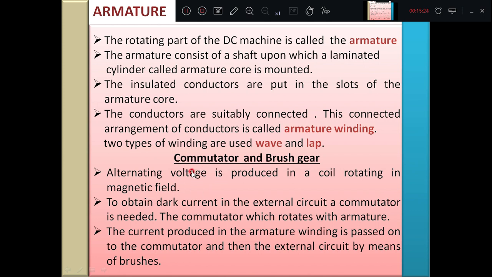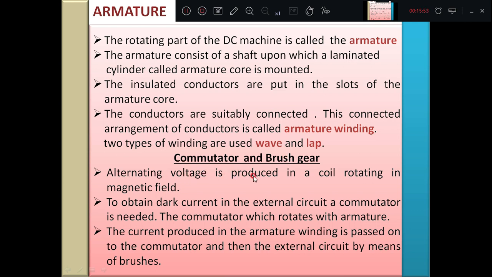The third important part of a DC machine is the commutator. The induced voltage in the armature is AC, but what we require from the machine is DC. You get the DC output by the process of commutation through a small part of the DC machine called the commutator, and through the brushes you get the electricity to the load.